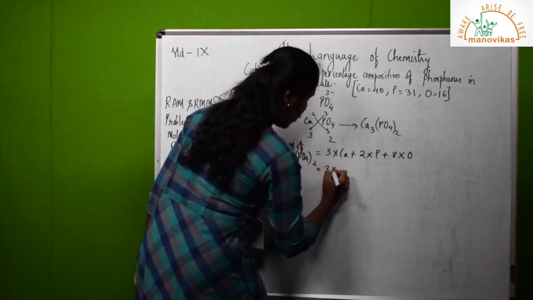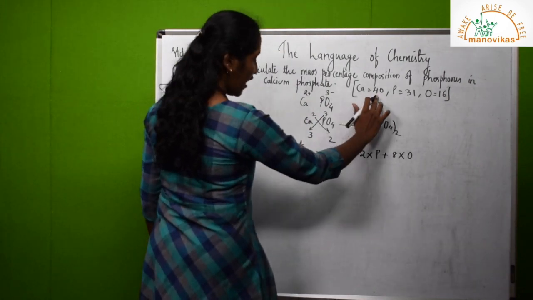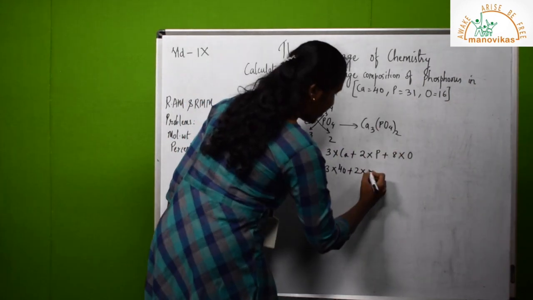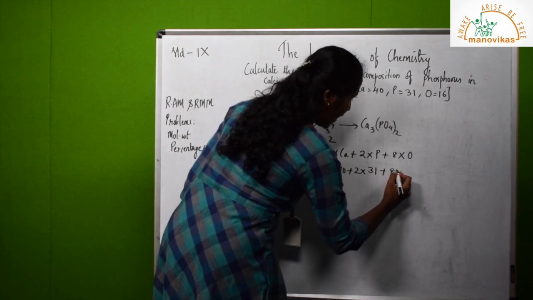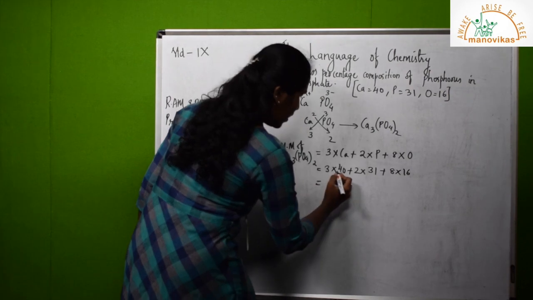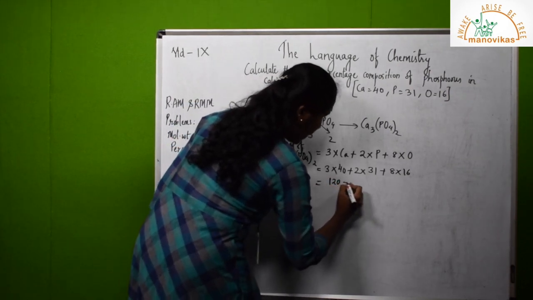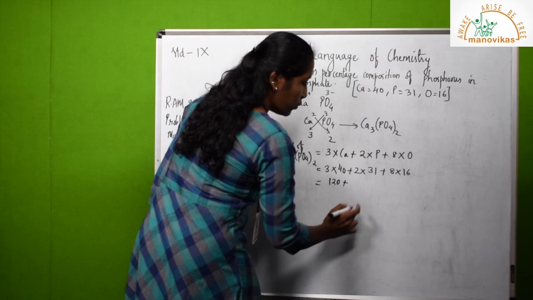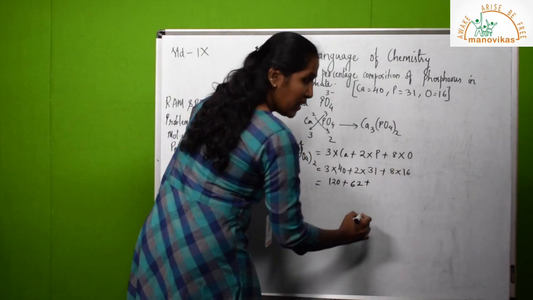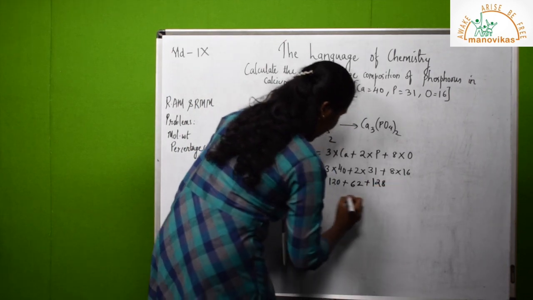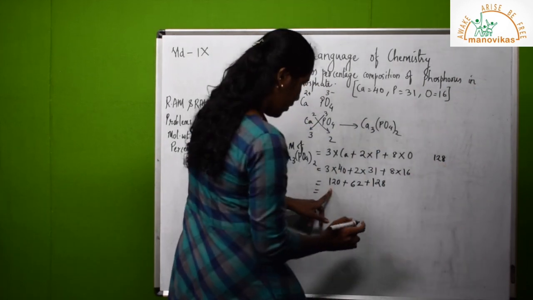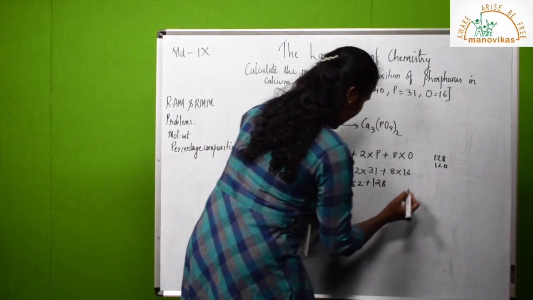So that is 3 into atomic mass is given to your calcium is 40 plus 2 into phosphorus is given as 31 plus 8 into oxygen is given as 16. So 3 into 40 is 120 plus 31 into 2 is 62 plus 16 into 8 is 128. So just add this, that is 128, 120 and 62.